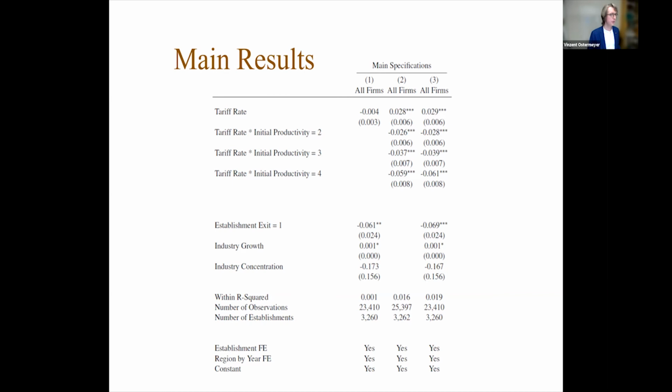But then in columns 2 and 3, I include this interaction and different control variables. And then we do see sizable effects. A 1 percentage point increase in tariffs increases firm level productivity by about 3% for the initially least productive firms, whereas for the initially most productive firms, the effect is negative, by about 3%.